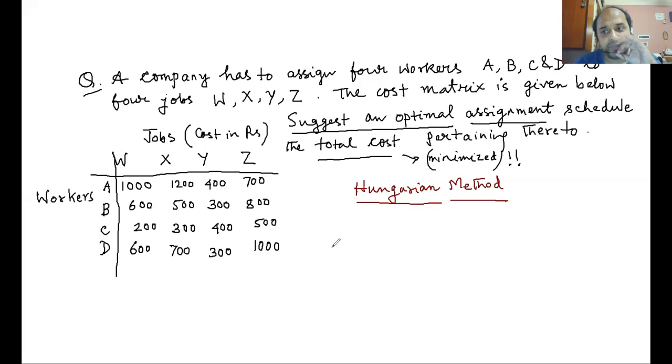So if you have an assignment problem in front of you, you are going to follow the approach which I am following today. Just like we checked whether a transportation problem is balanced or unbalanced, first of all by calculating the total availabilities and total requirements, here also you need to check whether an assignment problem is balanced or not.